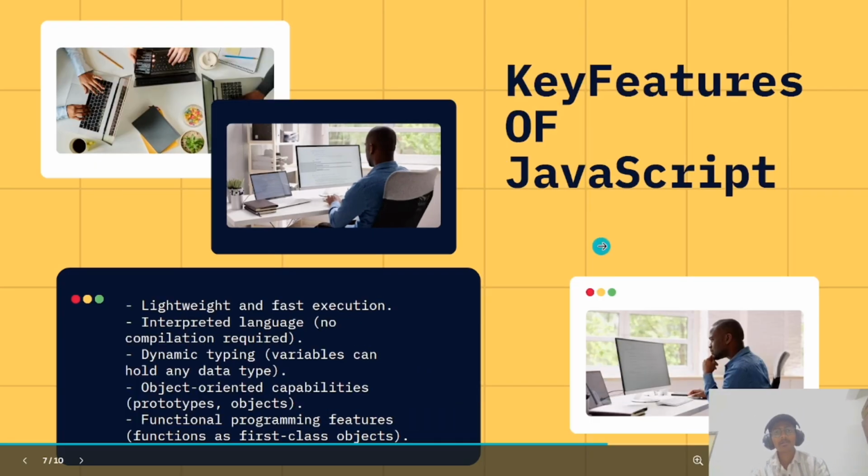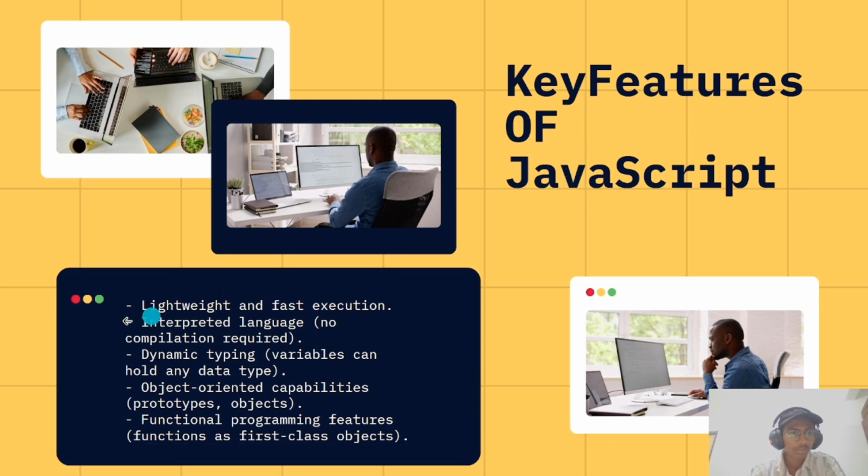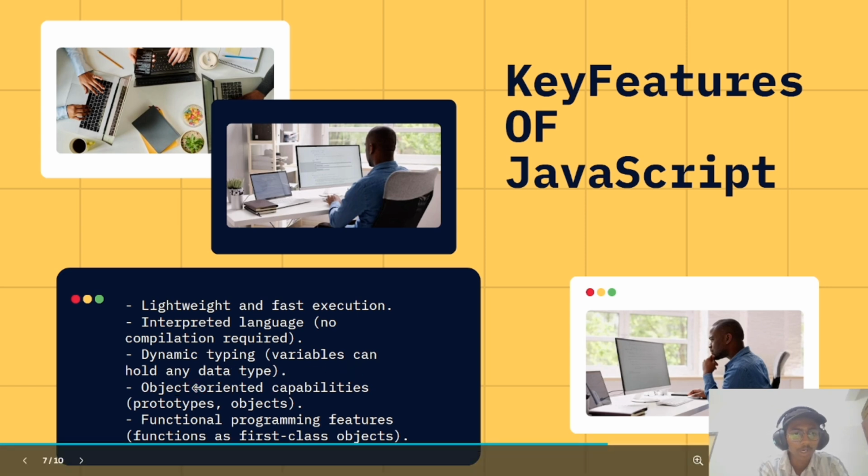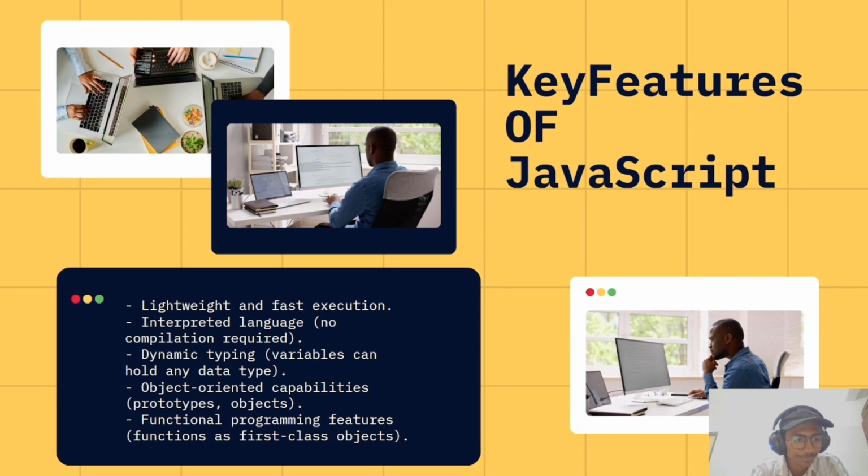Next, the key features of JavaScript: it is lightweight with fast execution, an interpreted language, and it has dynamic typing, where variables can hold any data type. Object-oriented capabilities. Lightweight and fast means executed quickly inside browsers.